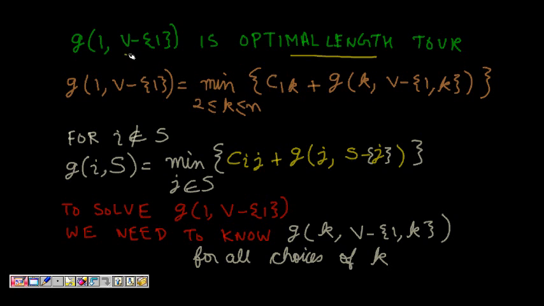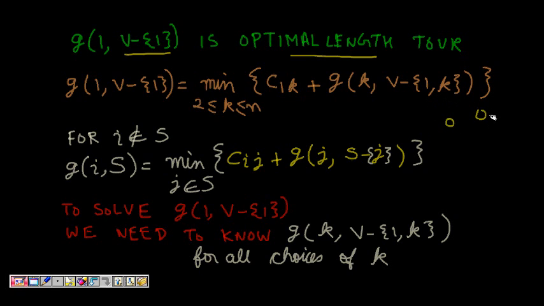So G(1, V minus {1}), as we said, consists of one edge, the first edge from 1 to some node k, and then a path from k to 1 which consists of all the nodes in the graph except nodes 1 and k.